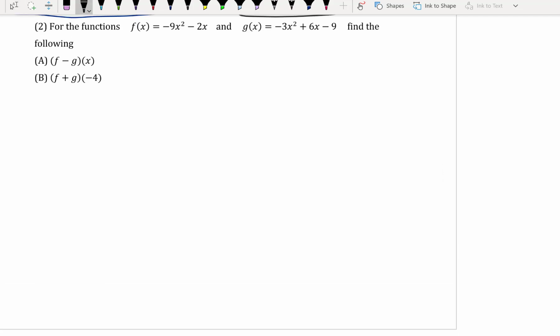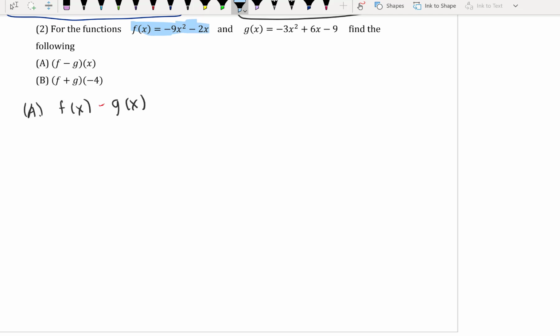So for my part A, I'm going to have my f of x being subtracted by my g of x, okay? So let's call my f of x the blue equation and the purple equation my g of x. So now I know what I'm plugging in.